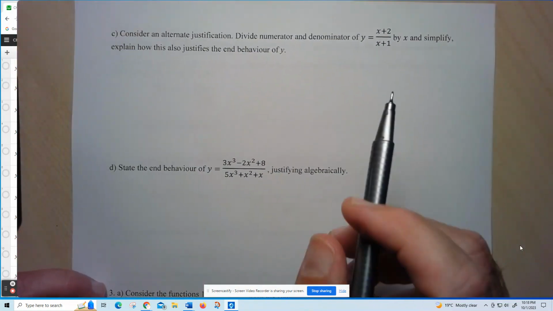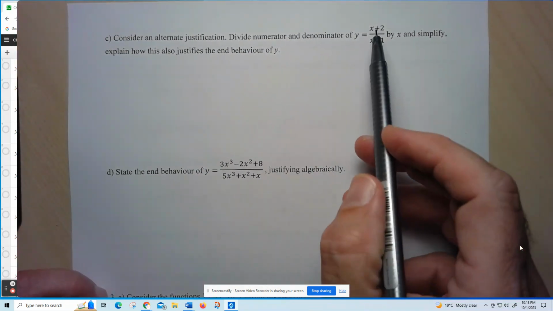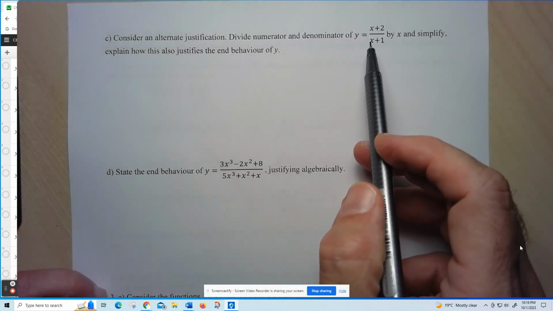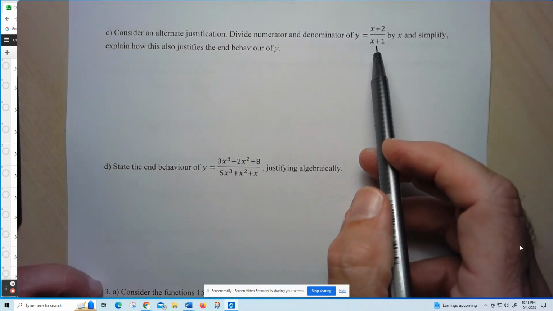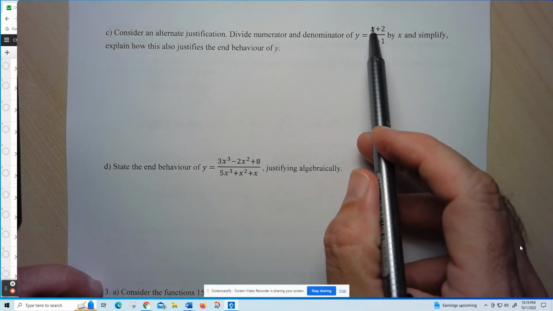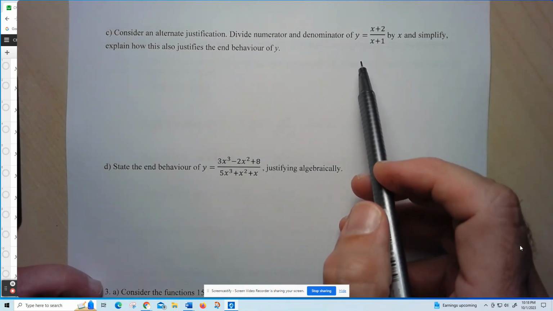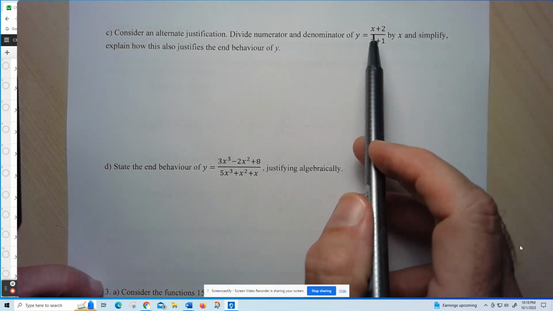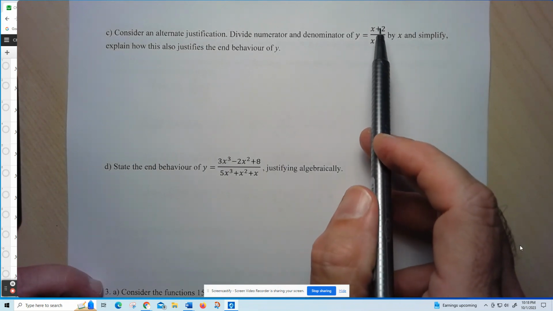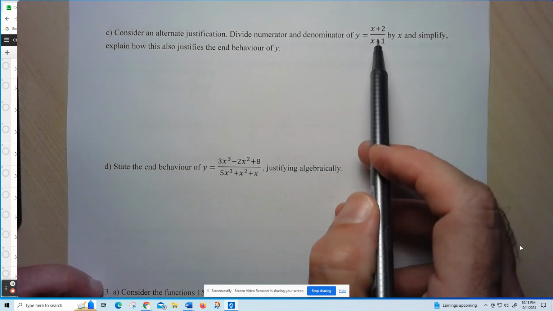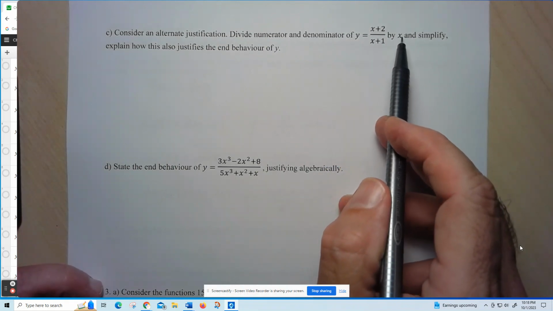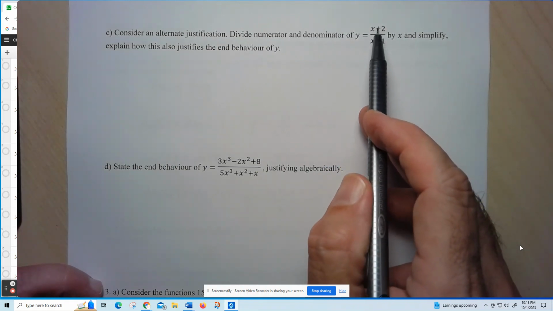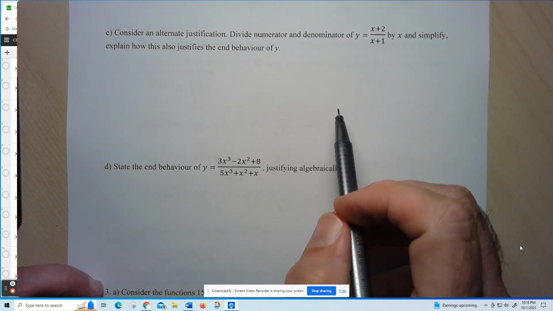Except here, what I'm going to ask you to do is, remember, this is a fraction. So what can we do to a fraction that doesn't change it? We can multiply numerator and denominator by the same thing, or divide numerator and denominator by the same thing. So I want you to take this expression and divide the numerator by x and the denominator by x. Now notice here that x is the highest power, x to the 1.